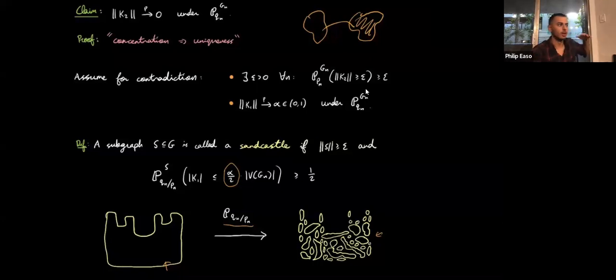Right, so if you want to sample from Qn, you can sample from Pn and then resample the open ones with Qn over Pn. So that means that if we see all of these edges in the sandcastle are open at Pn, then with good probability in Qn, they will fall apart to just be small pieces. That's what this means.